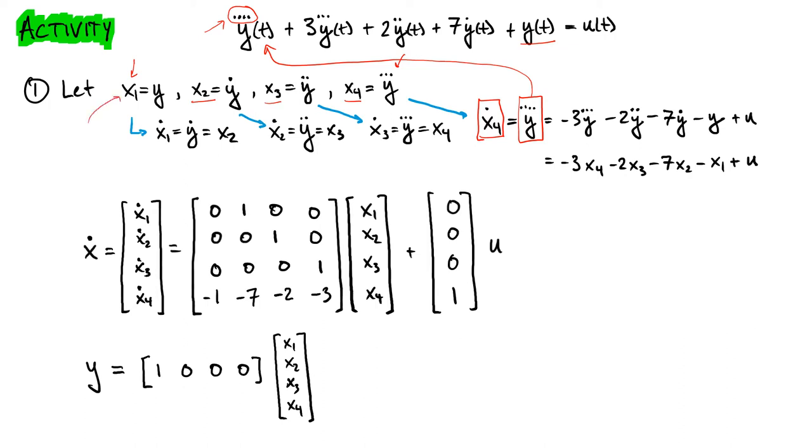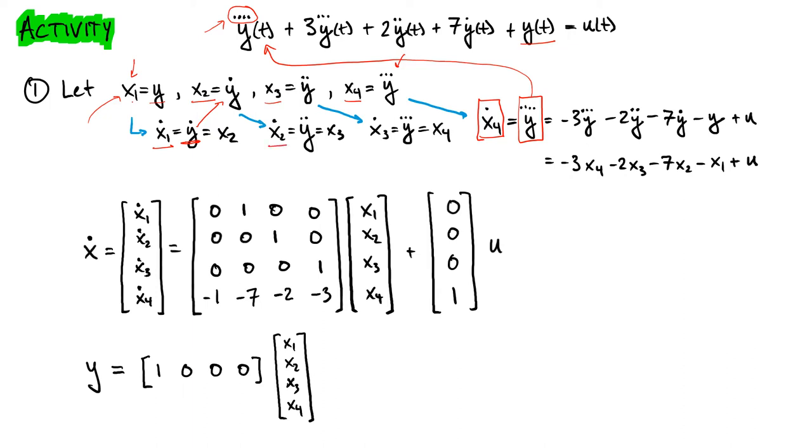So again, the magic in the state space representation is that I take the derivative of x1, which is the derivative of its definition, so that's y. I take the derivative of y, that's y dot. And that happens to be exactly what x2 is defined to be. So I get that x1 dot is equal to x2. And this same pattern happens over and over again until you get down to your last derivative.